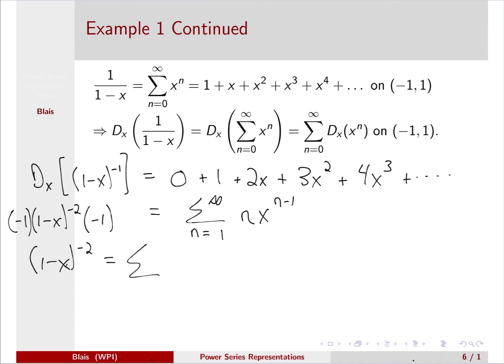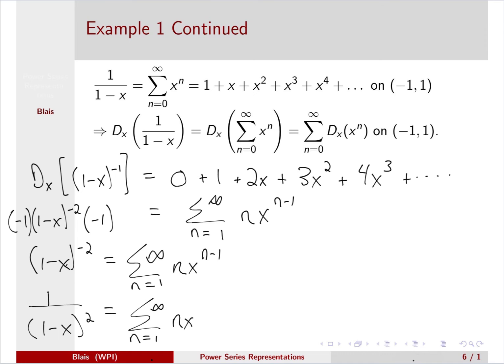And that's equal to the sum n going from 1 to infinity of n x to the n minus 1. So 1 over the quantity 1 minus x squared equals the sum n going from 1 to infinity of n x to the n minus 1 for all x in our interval of convergence minus 1, 1. So we have found a power series representation of the function 1 over quantity 1 minus x squared by differentiating this power series that we started with.